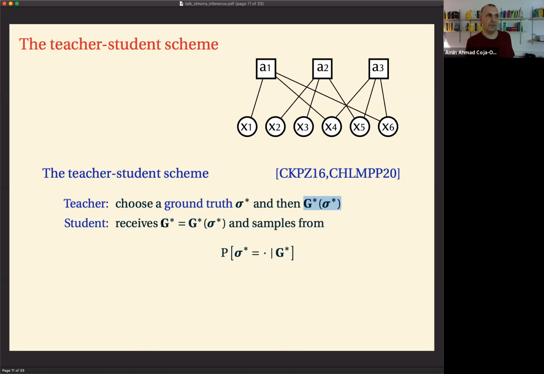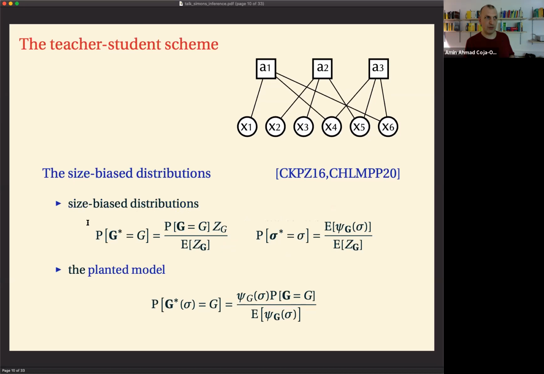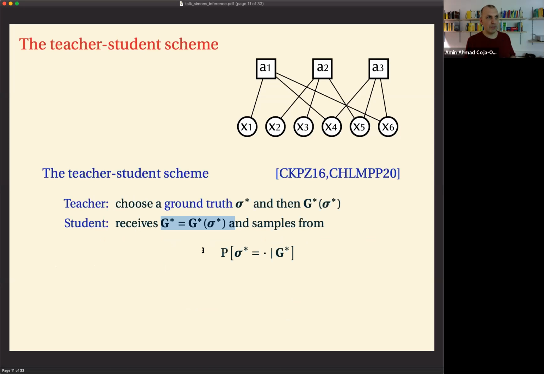So the overall distribution that the student faces is simply this reweighted distribution from the first line. What we have to figure out is the posterior distribution of sigma star. That's the problem that the student has. In order to get back at the ground truth, they would have to get a handle on the posterior of sigma star.